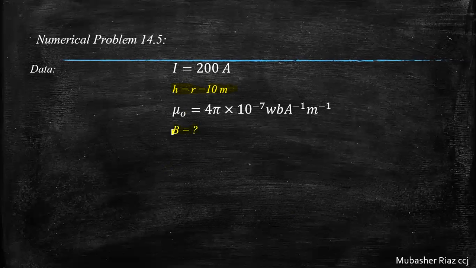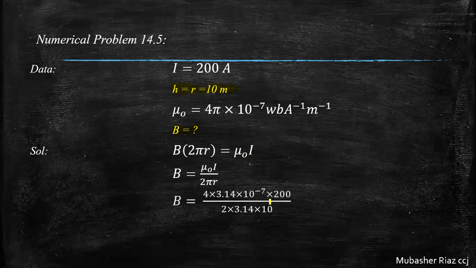For this purpose we will take the help of Ampere's law, B into 2πr. यहाँ आपने याद रखना है कि जब हम mathematical form Ampere's law की पढ़ रहे थे तो वहाँ delta L लिखा था. Delta L was the length of a small element. लेकिन यहाँ हमें पूरी power line को discuss करना है तो हमें circumference use करना है, that is 2πr, and it is equal to μ0 I. So B becomes equal to μ0 I over 2πr.